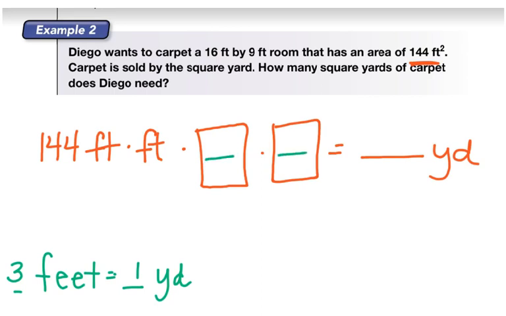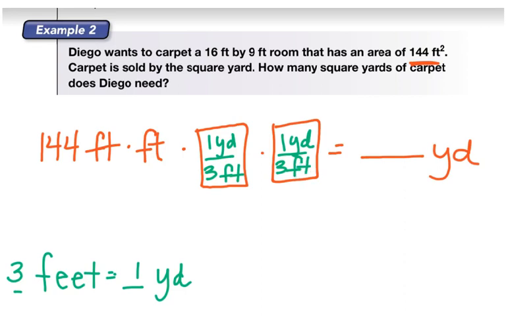So I have to put my 3 feet down here because I want to be able to cross out my feet because I want to get rid of these feet. I want only yards left. So I put my 1 yard up here. So if you're thinking about, oh yeah, she said I had to cross out these feet, now you're seeing why I had to do 2. I had 2 feet, so I have to cross them out twice.